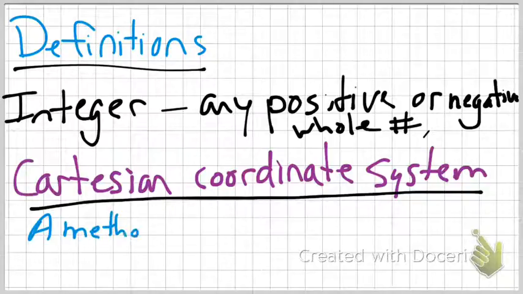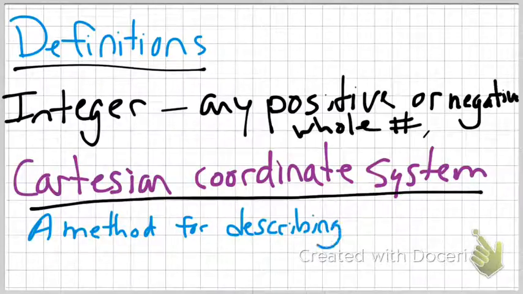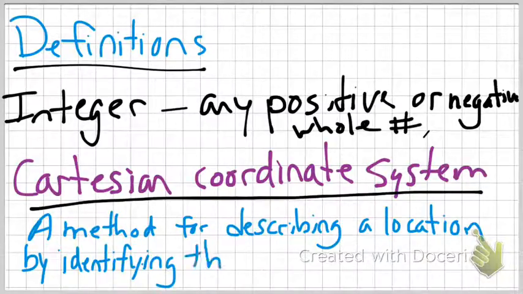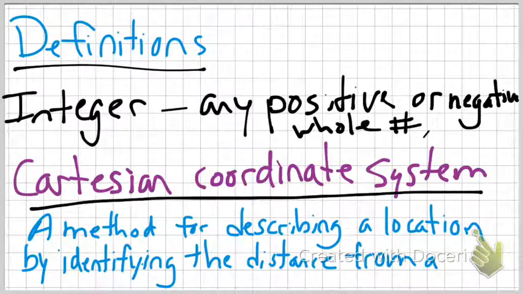method for describing a location by identifying the distance from a, and I'm going to run out of space here, so I'm going to move my integers. I'm just going to erase the integers.